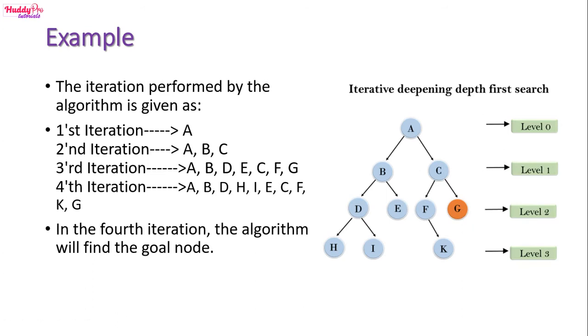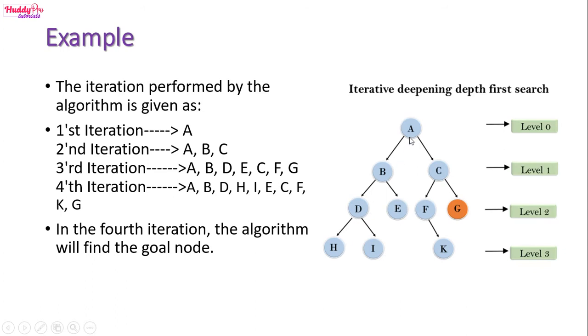Okay. Now, remember, on the third iteration, we are seeing the goal G, but we said it performs various iterations until it does not find the goal node. So it will continue still. Now it will increase its depth from level 1 to level 3.